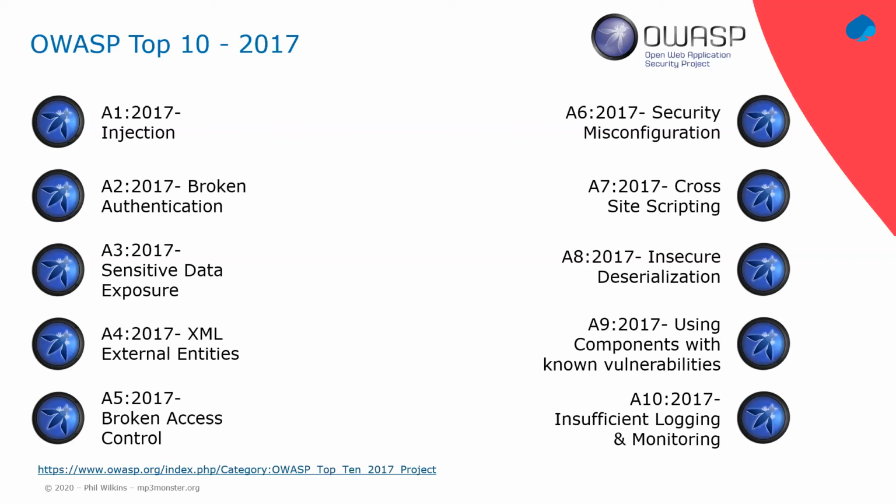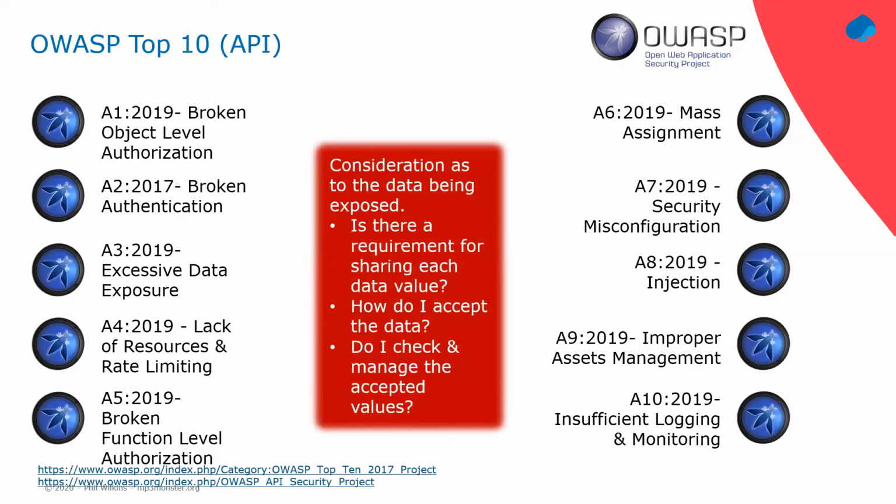And as you can see, every couple of years they publish statistics reporting on what the common top 10 issues are. As you can see, injection, SQL injection typically, broken authentication, and so on are typical issues.